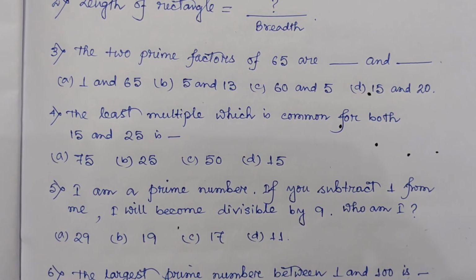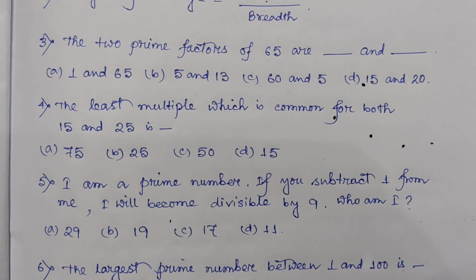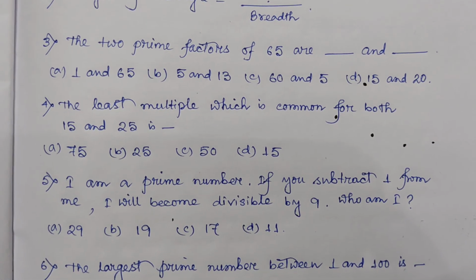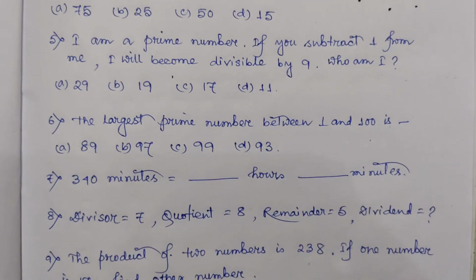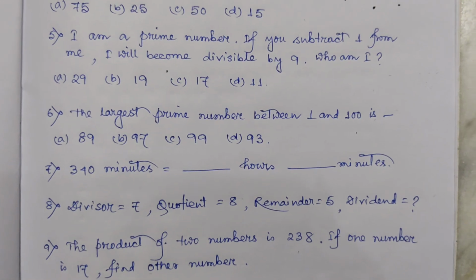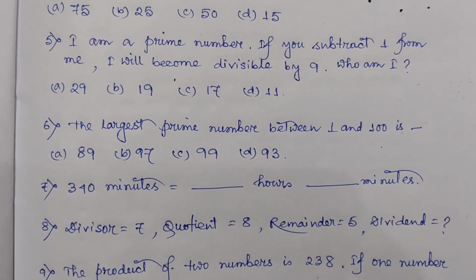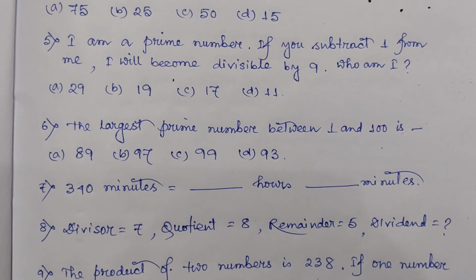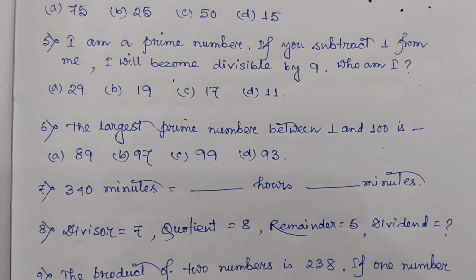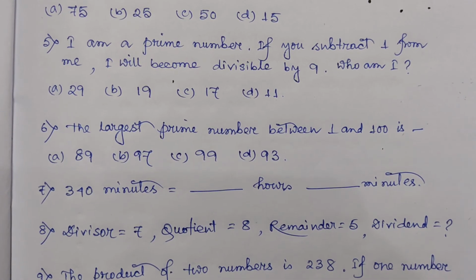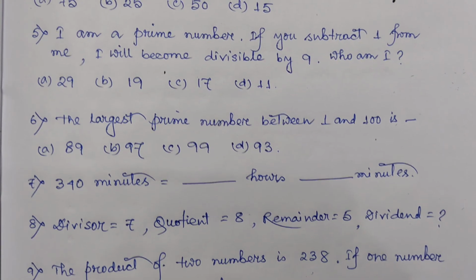Who am I? Options are A, 29; B, 19; C, 17; D, 11. Question number 6. The largest prime number between 1 and 100 is option A, 89; B, 97; C, 99; D, 93.